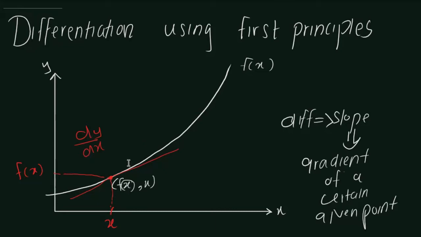Now let us see how to find the gradient at this point, corresponding to these coordinates, using the first principle.